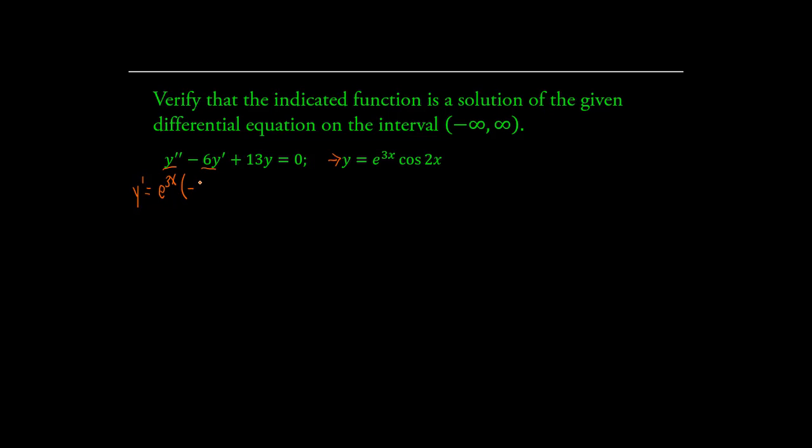So that gives me negative 2 sine 2x, and I'm going to add that to the other part of the product rule, which I hold cosine 2x, I don't change it, and I take the derivative of e to the 3x, which gives me 3e to the 3x.